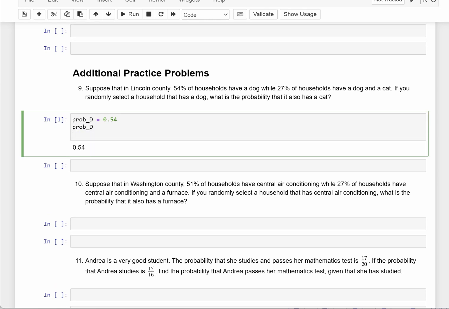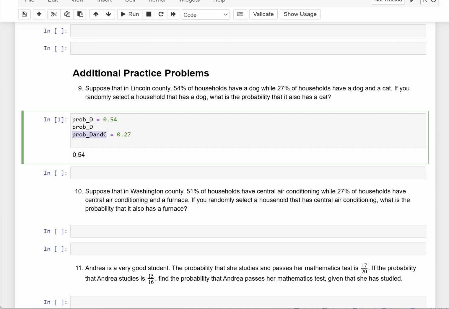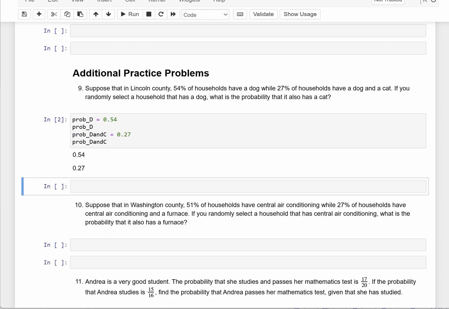I also want to do the probability of, I'm going to call it prob D and C, the ones that have a dog and a cat, and that's 0.27. Why D and C? Well, because it's D intersect C that they've given us. So we have prob D and prob D and C. And again, when we evaluate it, you can see that both of these variables have been assigned properly.